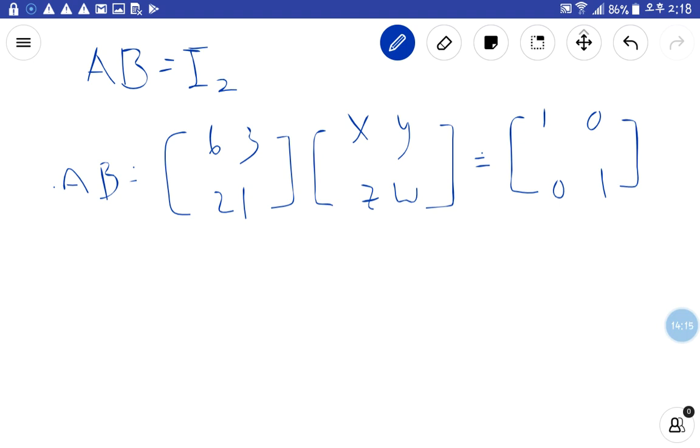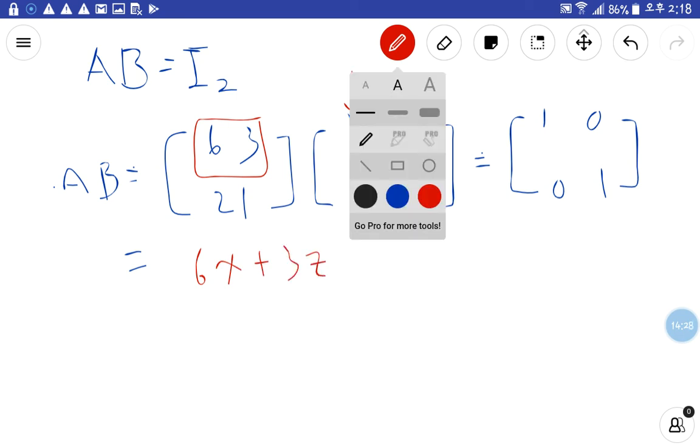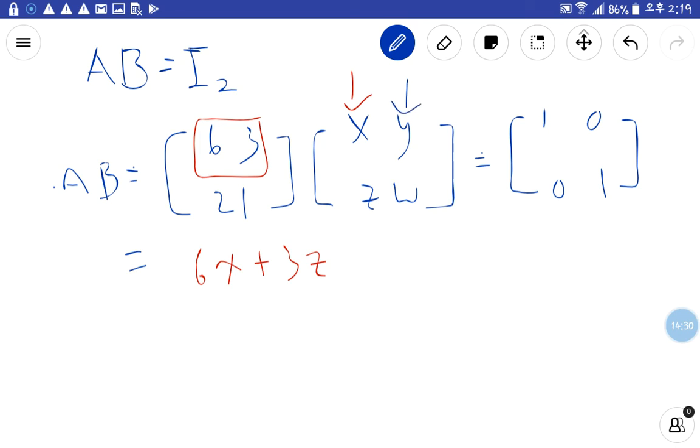Alright, so let me do the middle part. I have to multiply 6 and 3 with my first column. So 6 times x, 6x plus 3z. Right? And then my next one is 6 times y, 6y plus 3w. That's what I got. And then keep going.